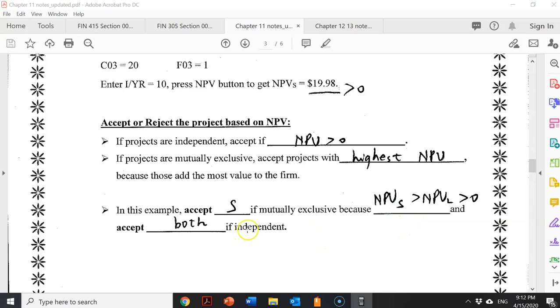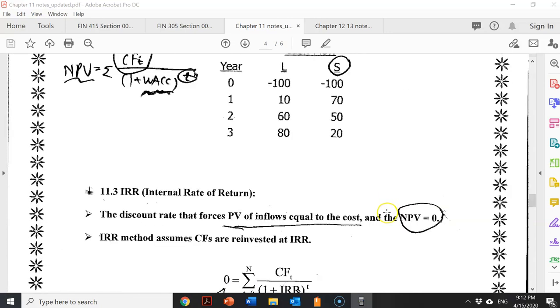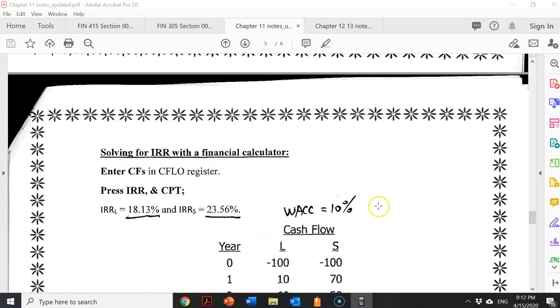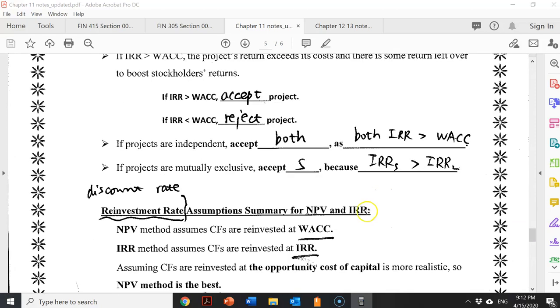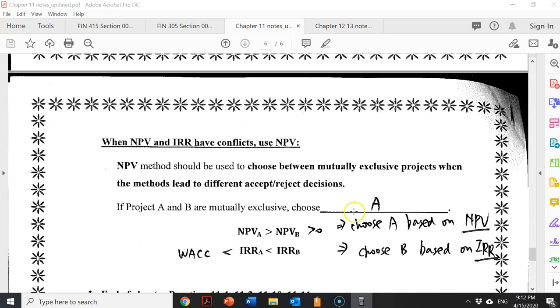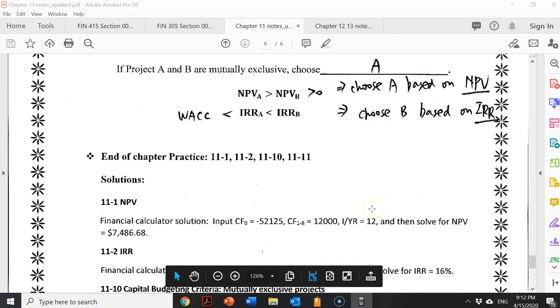So in our example for S and L, we accept S no matter whether we look at NPV or IRR, because NPV and IRR have the same conclusion here. We will make the same choice based on them. But in another case where we have different decisions made based on NPV or IRR, we go with the NPV decision.